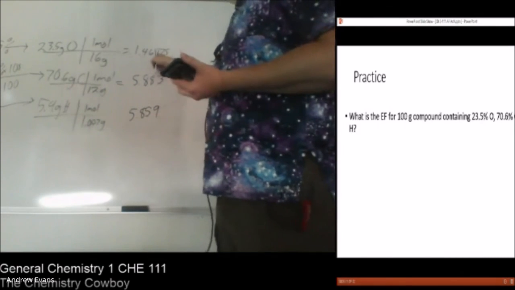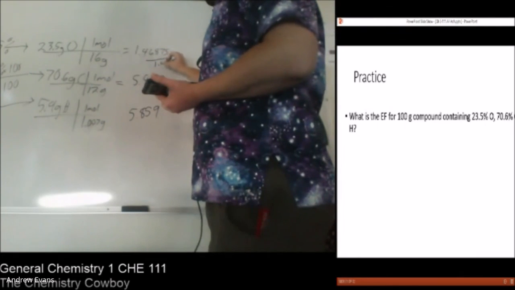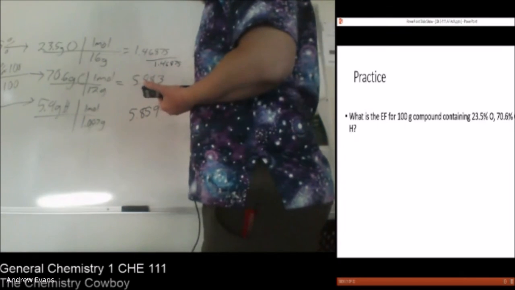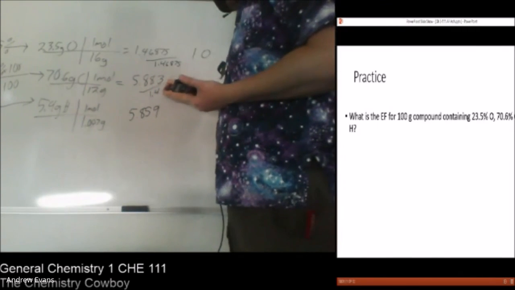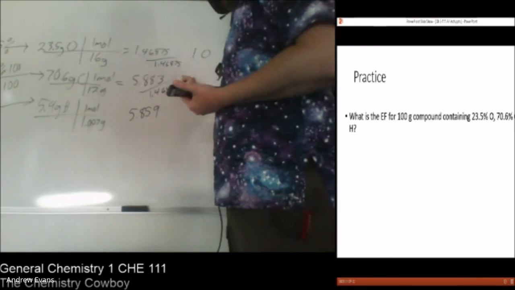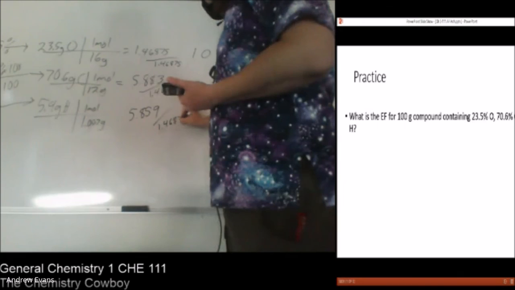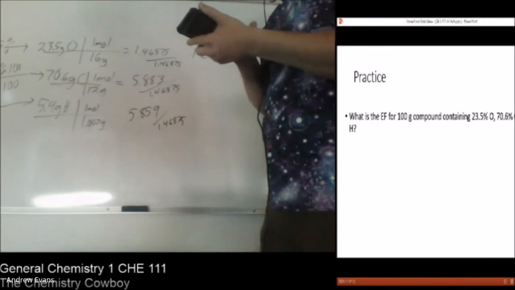But the lowest number is our oxygen. So for every one oxygen, we have how many carbons and how many hydrogens? One.